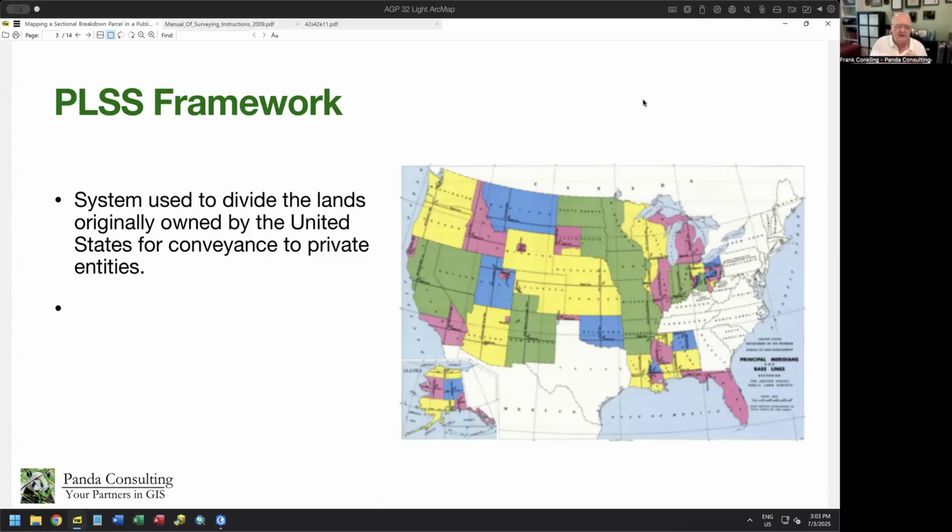And you just want to recognize that the rules on how to build these out have been modified over the years. And there's actually a book that tells at least the surveyors how to do it. So this extends to all of the states with the exception of the colonial states, Kentucky, Tennessee, and Texas. Some of Louisiana is not involved in it, but most of the United States actually is at the moment.